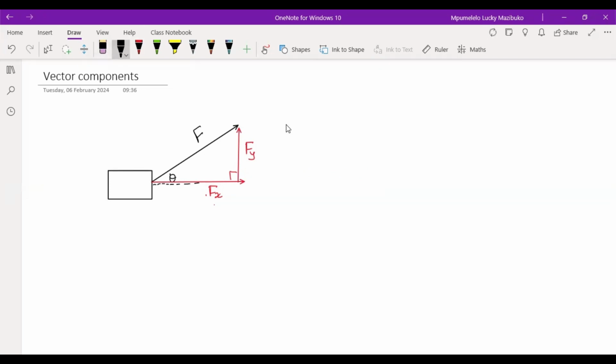Vector components depend on where our theta is. Sometimes they can put theta there, in this case let me just put beta. I will start by explaining theta only, then explain beta from this one.